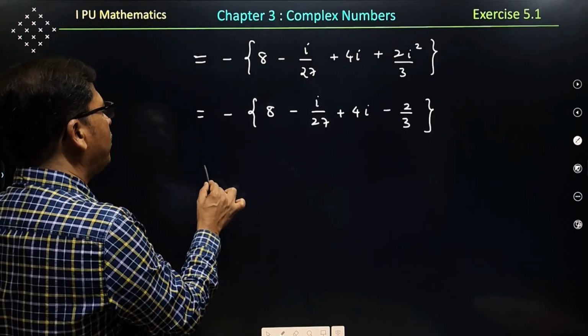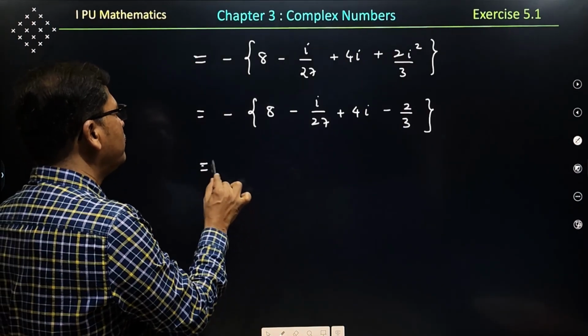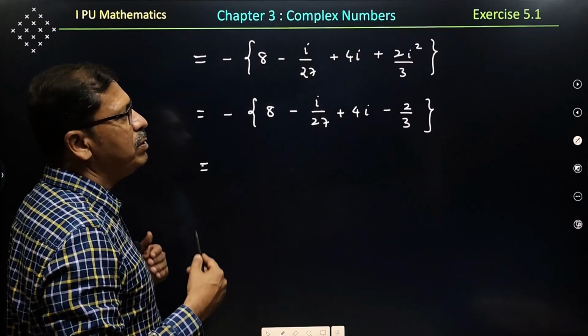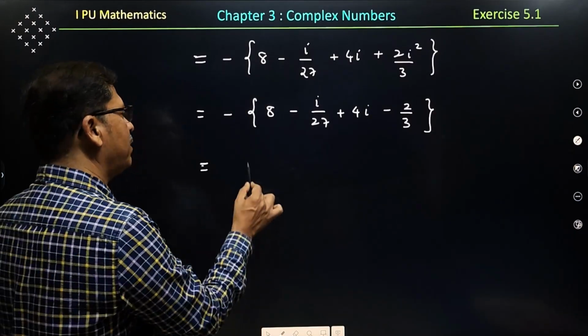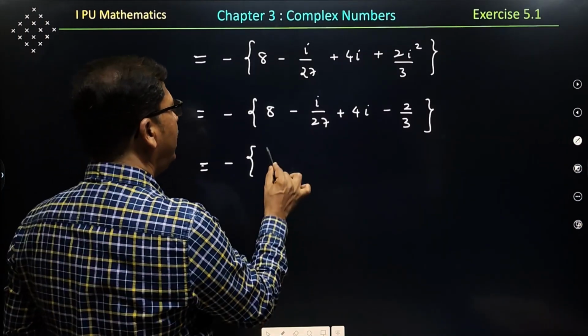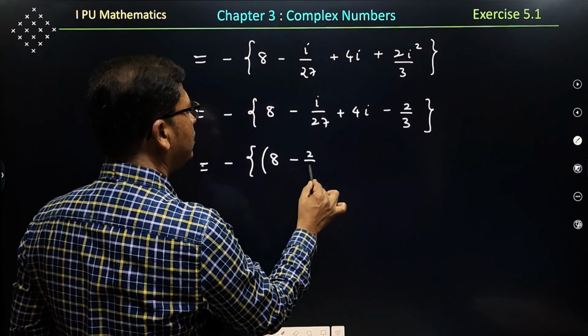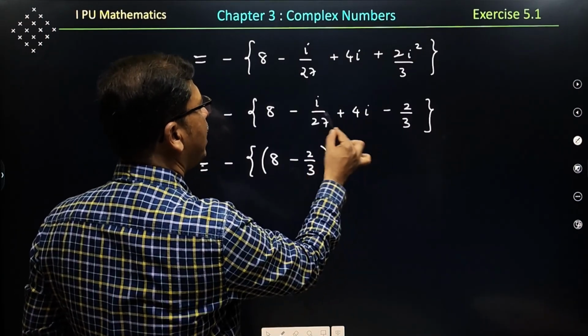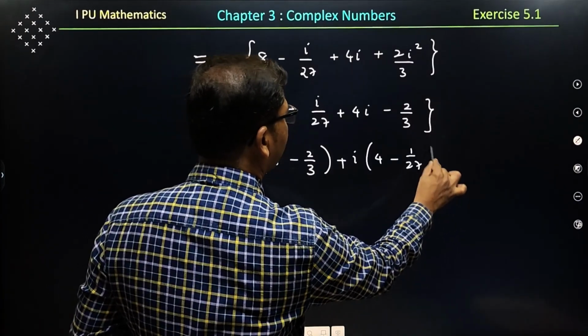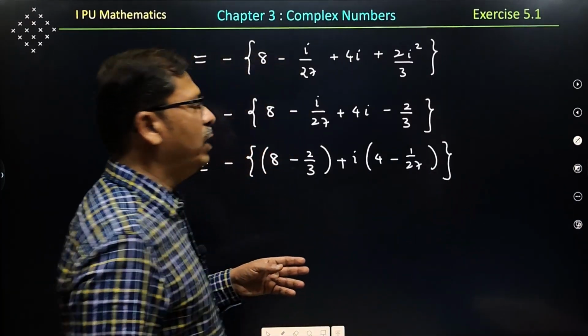Now you club the real parts. Before clubbing, you may apply the minus sign also, or after simplifying completely we can apply the minus sign. Okay, I would like to apply it lastly. 8 minus 2 by 3 you can club, and then from this i can be taken outside, 4 minus 1 upon 27.